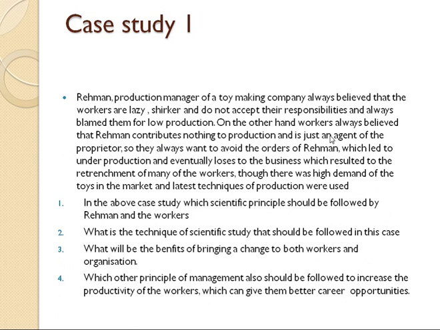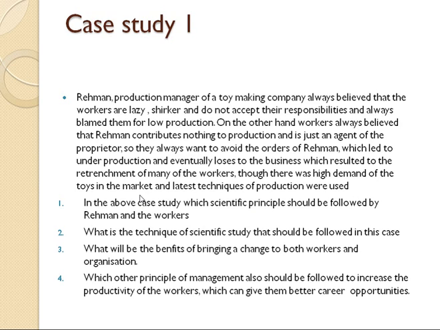On the other hand, workers always believed that Rahman contributes nothing to production and is just an agent of the proprietor. So they always wanted to avoid the orders of Rahman, which led to underproduction and eventually losses to the business, which resulted in the retrenchment of many of the workers, though there was high demand for the toys in the market and the latest techniques of production were used.